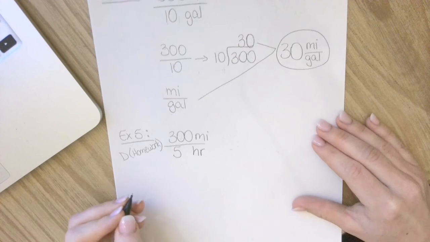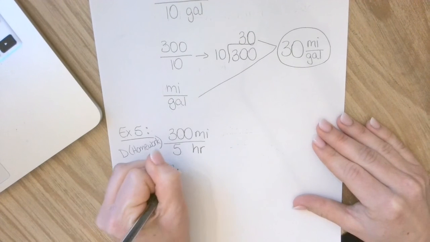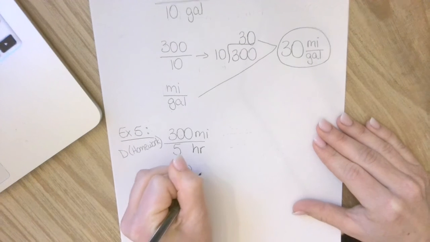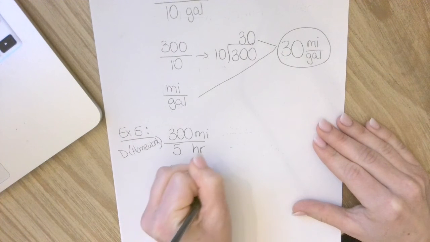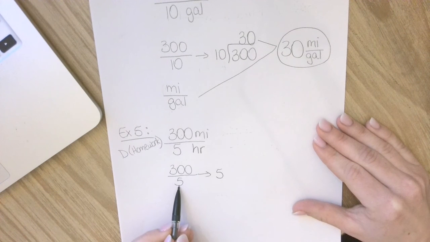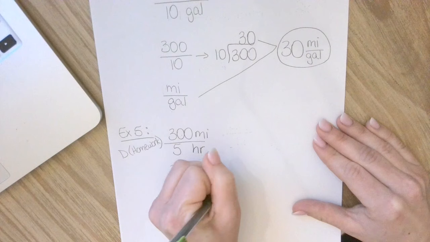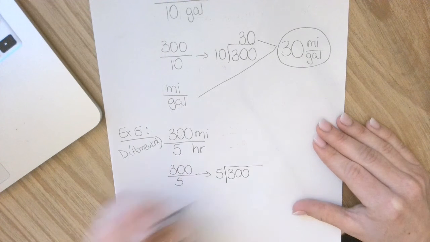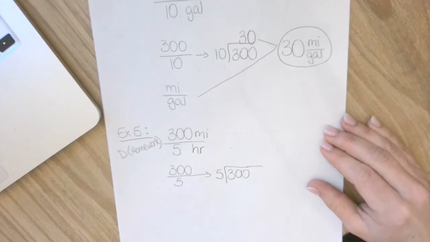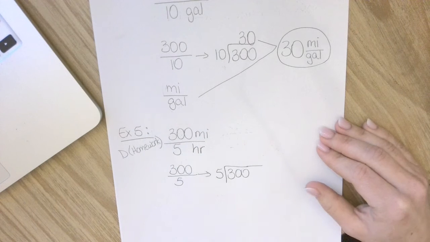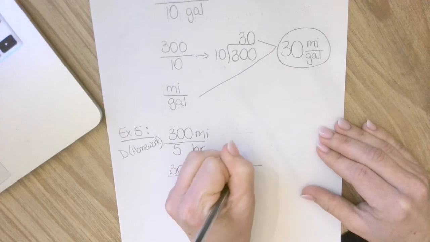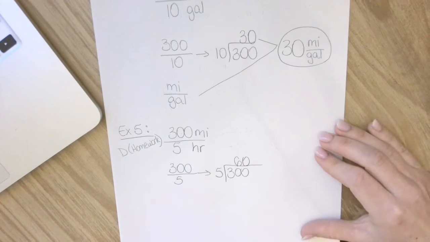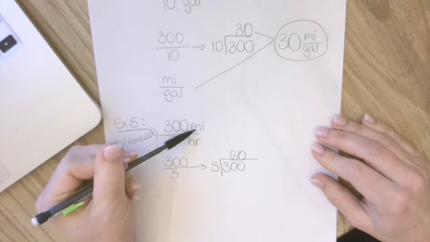So the way I'm going to do this is I'm just going to go ahead and divide my numbers like normal, because that's really the only math that I actually have to do here. Again, my denominator is going to go outside the box, and my numerator is going to go inside the box. Okay, and when I divide that, just take my word for it, you will get 60 as your answer. Okay, and again, I can't do anything with these units.